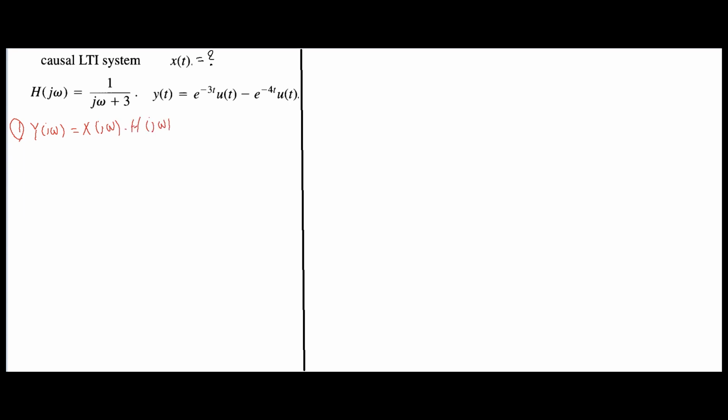So from this relationship, we can write the input in the frequency domain, meaning X(jω), as Y(jω) divided by H(jω). Then, if we take the inverse Fourier transform of X(jω), we will obtain x(t).